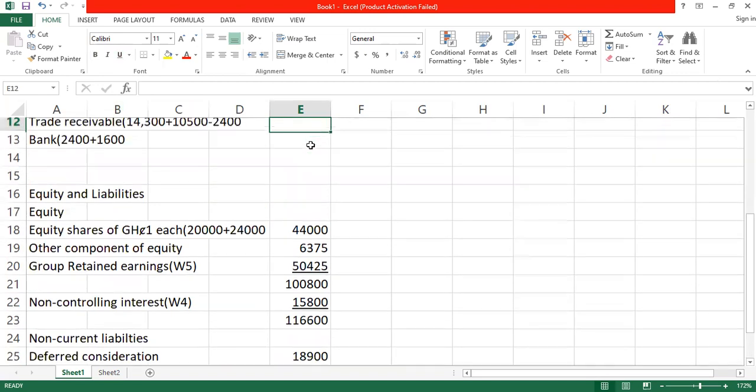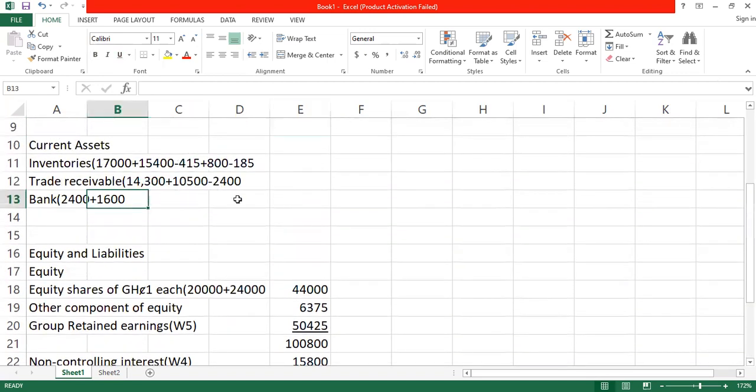Let's go to the asset side. What will be the value of the bank? The bank will be 4,000. What of the trade receivables? 14,300 plus 10,500 minus 2,400. 22,400.